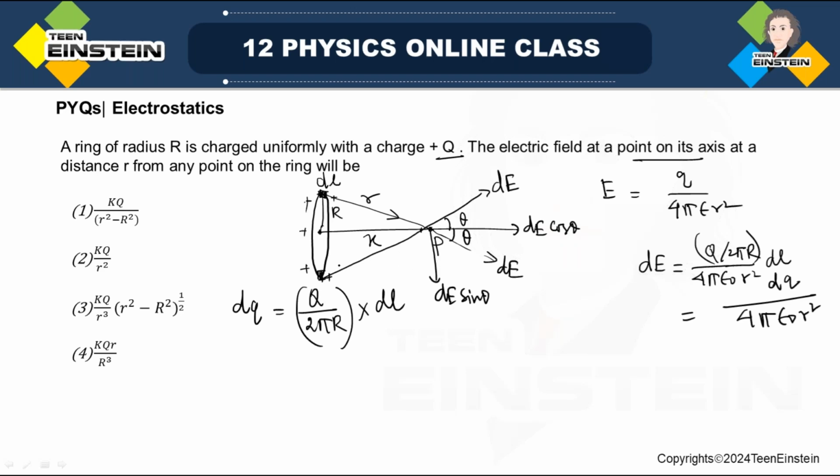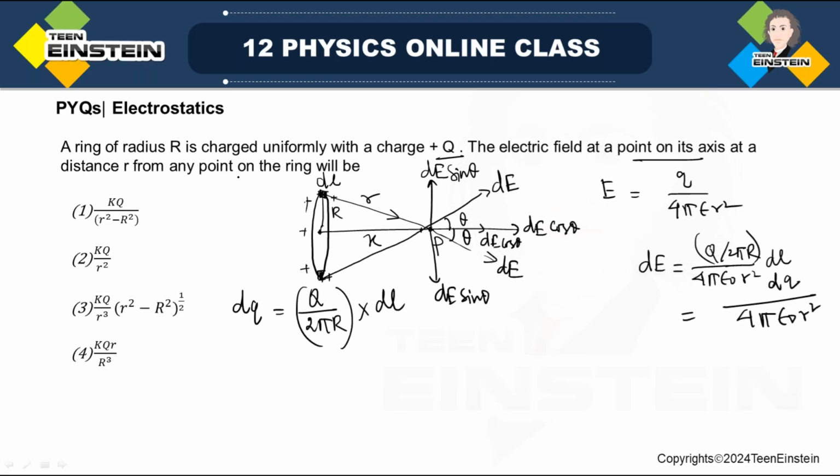So it also will have two components, one along this way, dE cos theta, and the other component, dE sin theta, will be cancelled out.